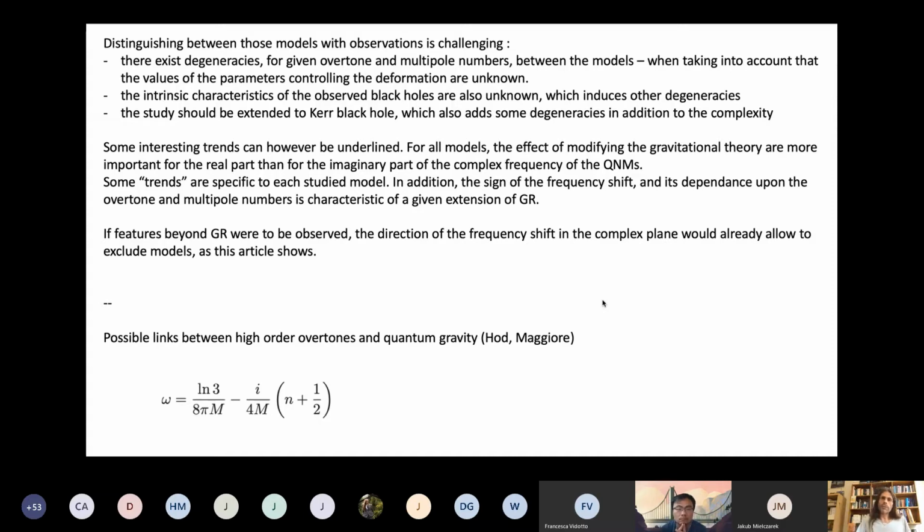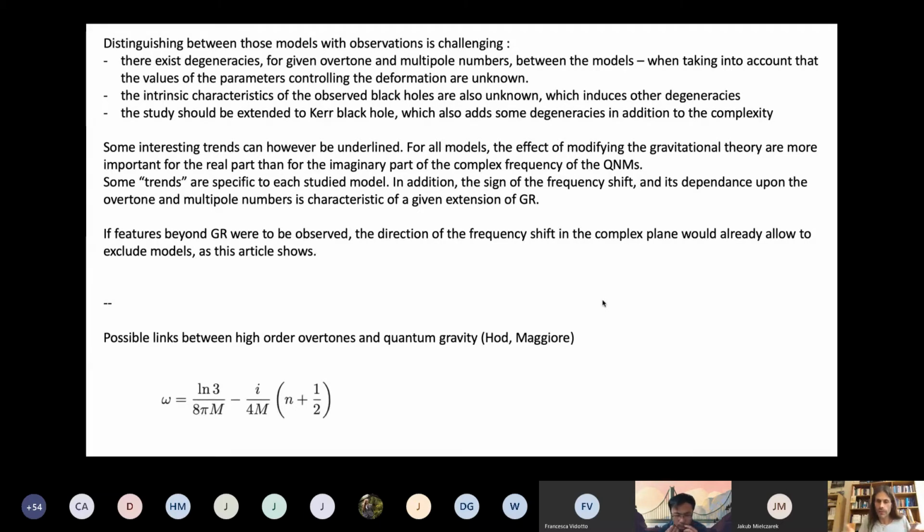For all models, the effects of modifying the gravitational theory are more important for the real part than for the imaginary part of the complex frequency. And some trends are specific to each model. We have not found any two models with the same kind of behavior. And in addition, the sign of the frequency shift and its dependence upon the overtone and multipole numbers is characteristic of a given extension of GR.